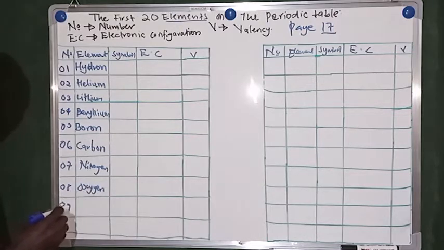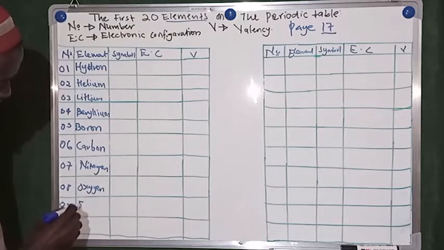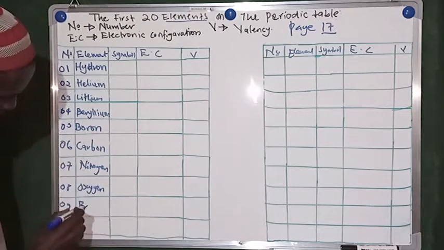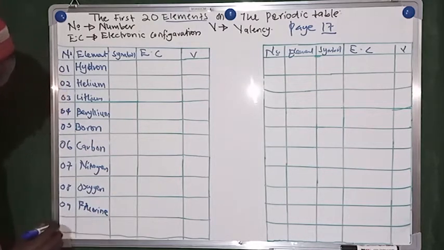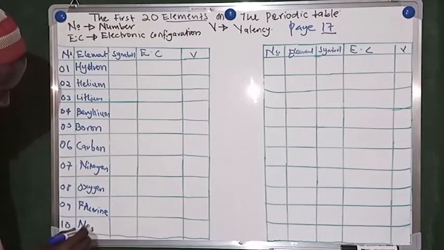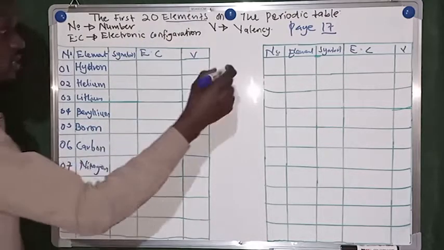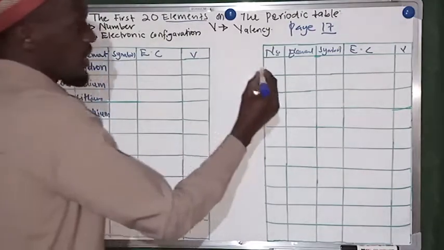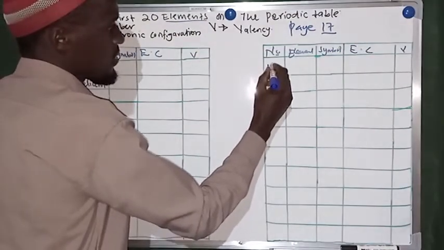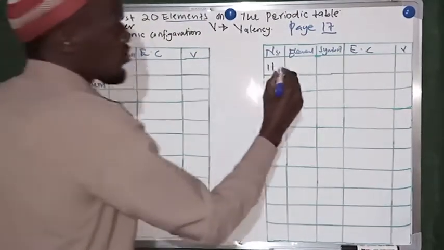Number 9 is fluorine. Number 10 is neon. Then let us go on this side. We have number 11, which is sodium.